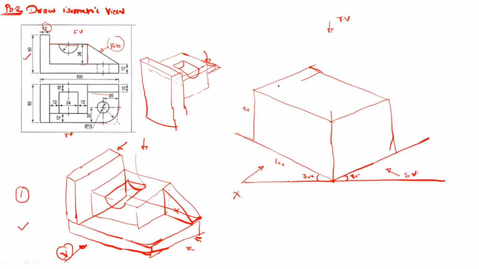Then you can draw this line. From this point, draw a vertical line. Take the distance 50 minus 12, that is 38 mm. And then you can draw the horizontal line.